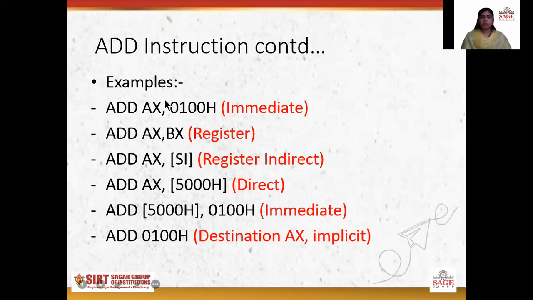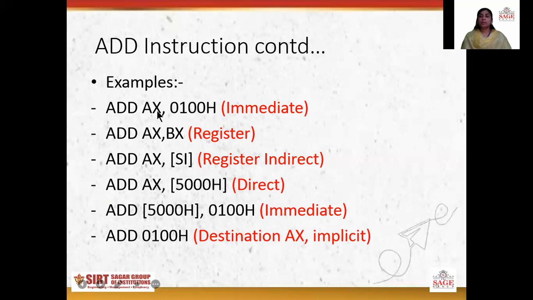This is the source, and AX is the destination. The explanation of this instruction is AX equals AX plus 0100.